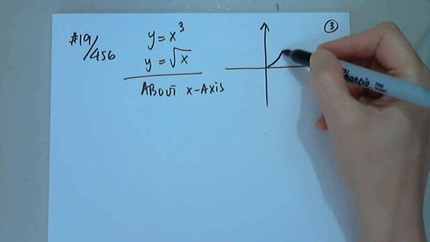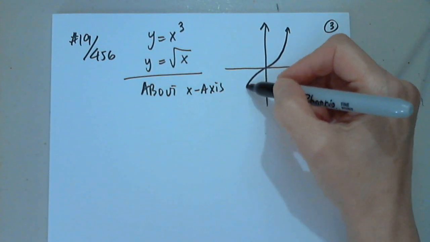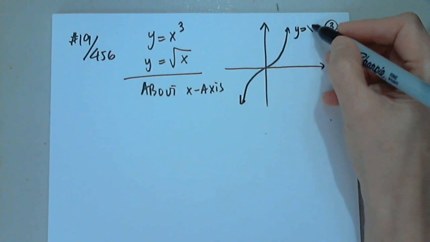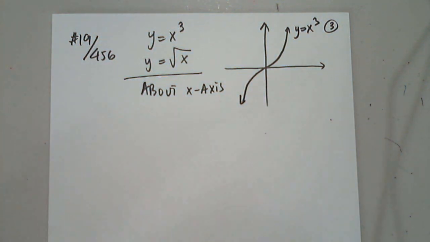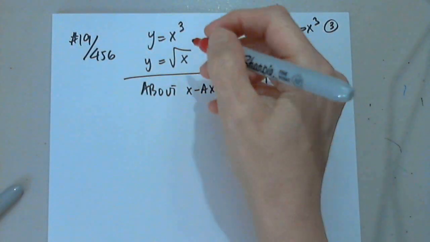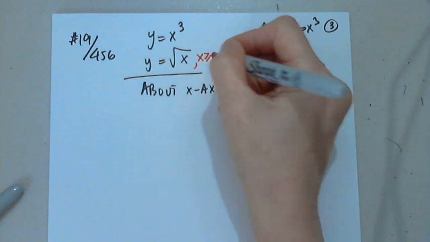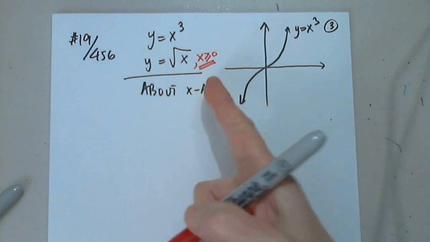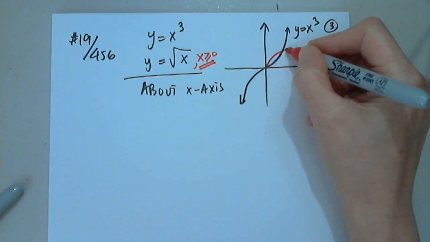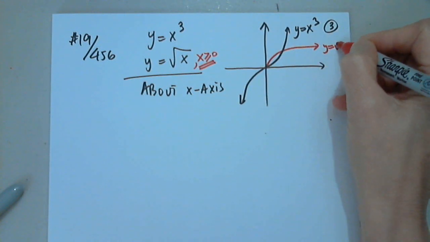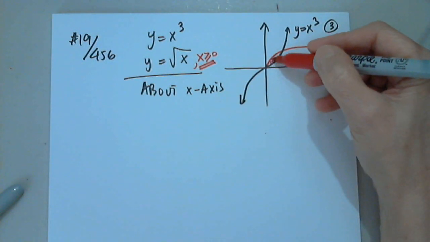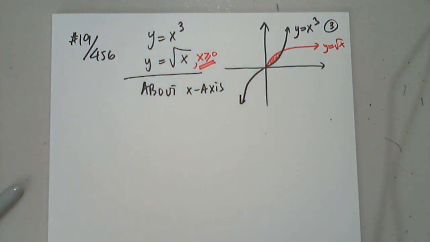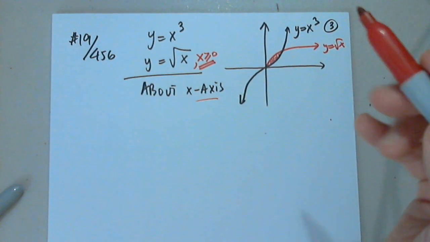So here's x cubed, famous x cubed, y equals x cubed, and then y equals the square root of x. I know for sure I have to state this: x cannot be a negative number. We're going to graph y equals the square root of x, and we realize that this is the area in question. It says about the x-axis, fine.